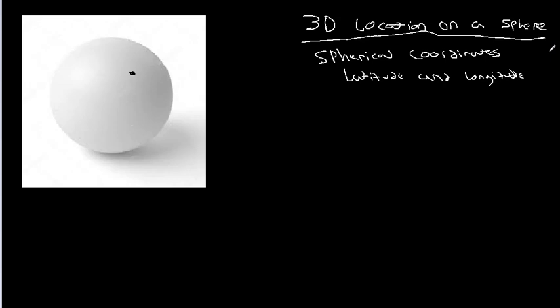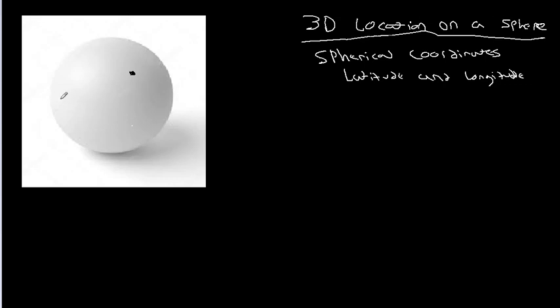But in order to do that, just like in 2D mathematics with a Cartesian coordinate plane, we have to set up a couple of axes so that we have reference points for dealing with the location. And those axes that we set up are called meridians and parallels. And I want to talk about the prime meridian and the equator.